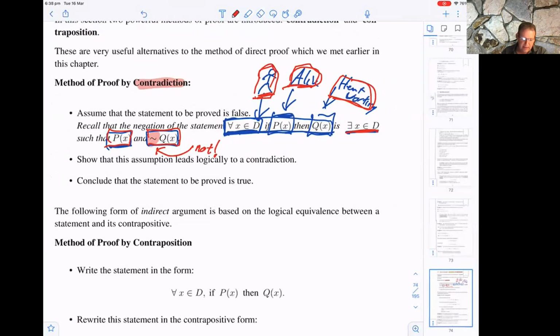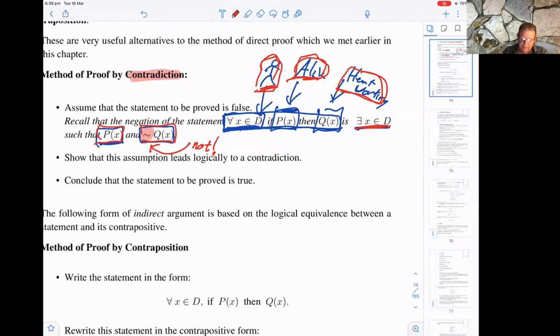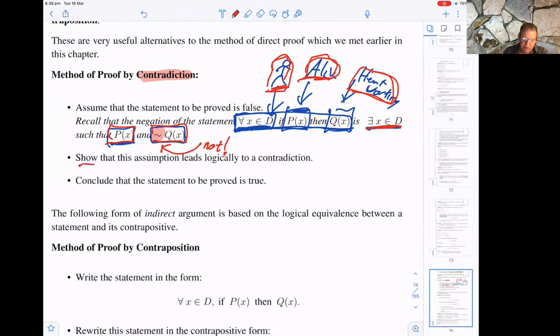Now, to prove by contradiction, you want to show that this assumption would lead to a contradiction, and that would bring you to conclude that the statement that you want to prove is true. Okay, so it's a very formalistic way to speak about it.